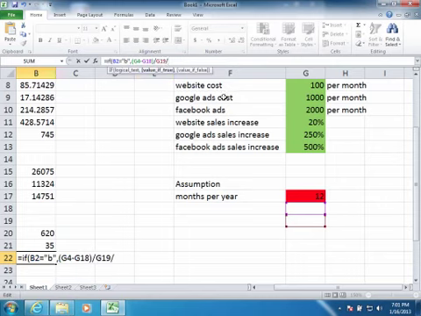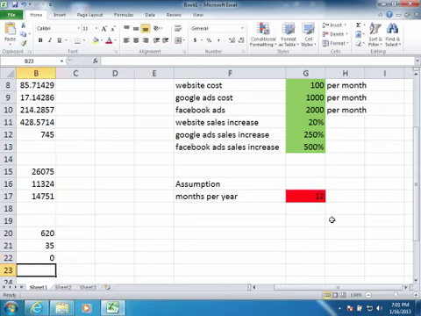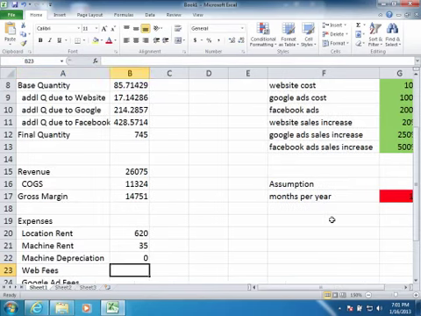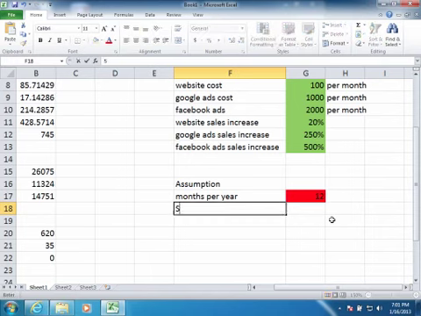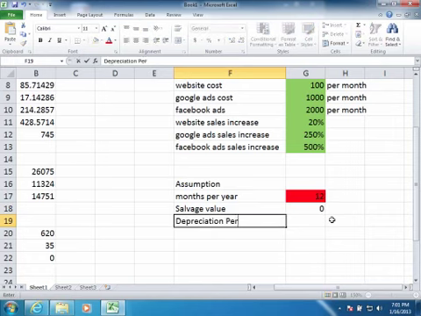And if I take all of that and divide it by the number of months in a year, I have my depreciation per month. I put the salvage value at 0, and depreciation period is 3.